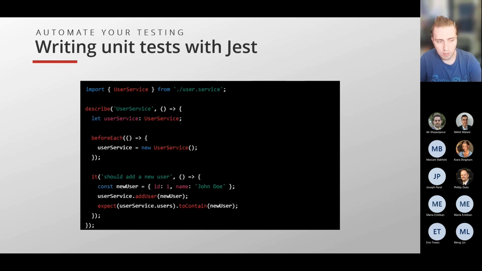So with the expect, that's basically checking the value at the end of the test. So it says, okay, check that all of these users inside of the user service. So that's like a variable that we don't know actually is the value of at the moment. And we expect it to contain the new user that we created. So we do know what the new user is.